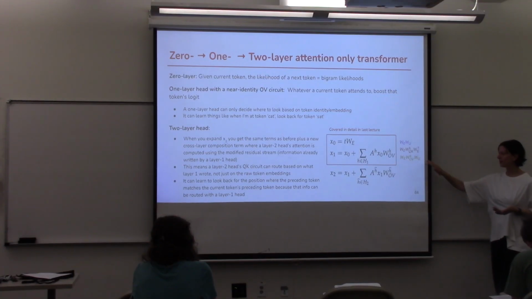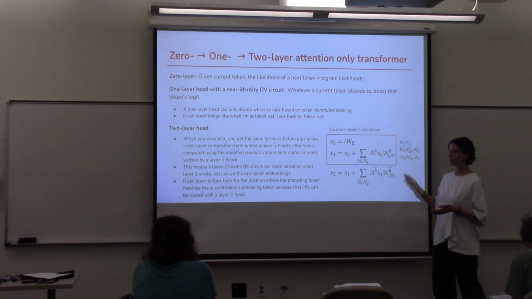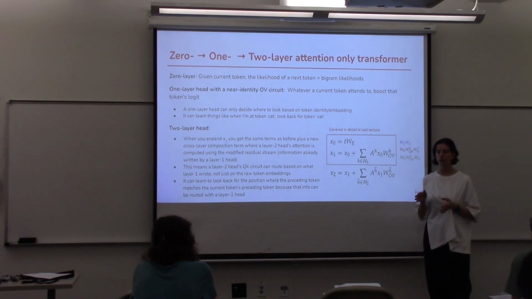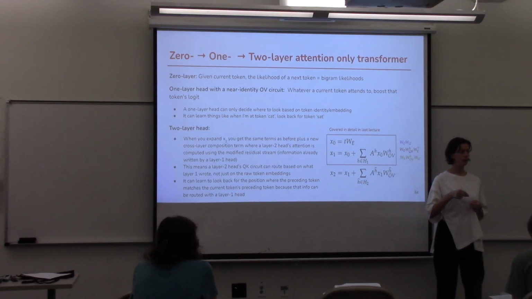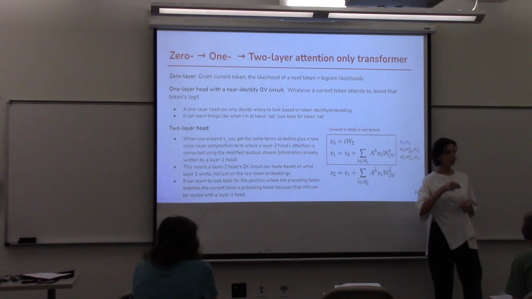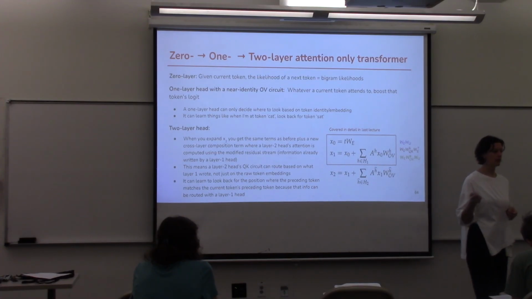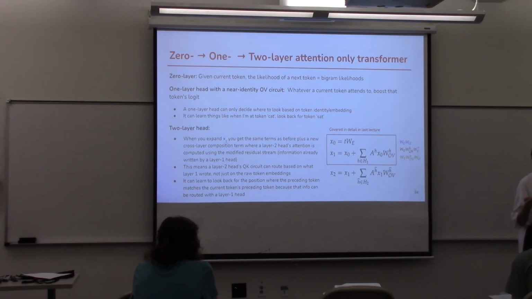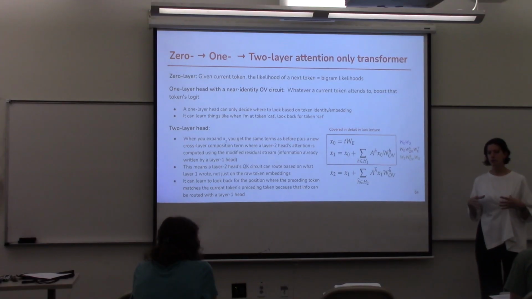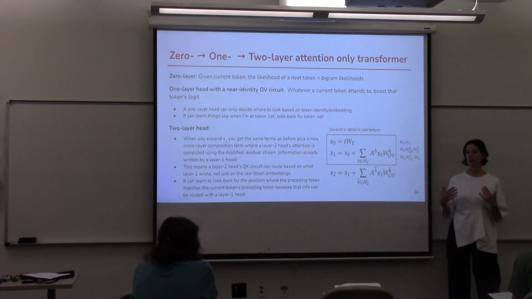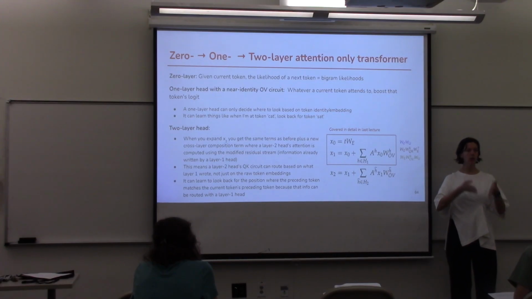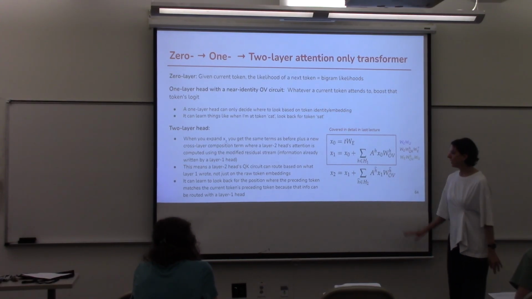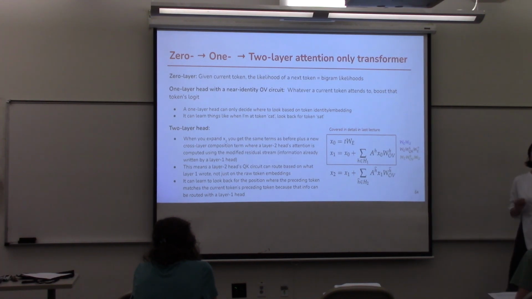And if this matrix looks like a diagonal, or is heavy on the diagonal, it means that if I attend to a certain token, that same token will be promoted as the predicted next token, right? This suggests that this attention head is implementing something like copy: if I attend to a token, copy that token, predict it as the next token. And this is kind of where we stopped.